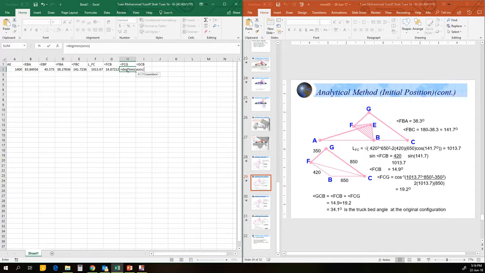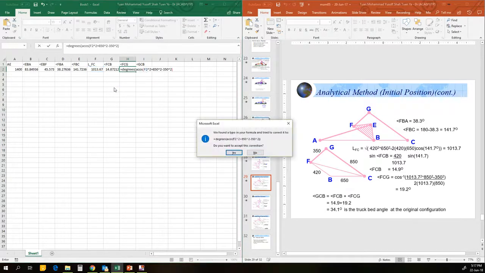Arc cos, 1013 square plus 850 square minus 350 square.